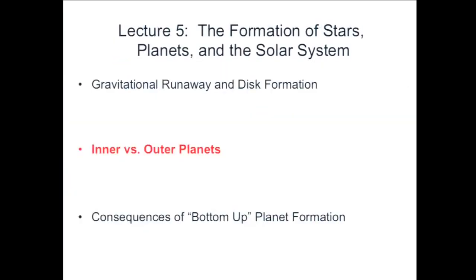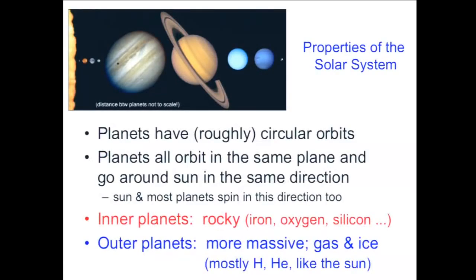Okay. So that's the basic story of how we go from clouds of gas to stars by gravitational runaway, to disks, to planets in disks. And what I want to do now is talk a little bit about the difference between the inner planets and the outer planets, getting at this question that was asked a second ago. In particular, why are inner planets made of different stuff than outer planets?